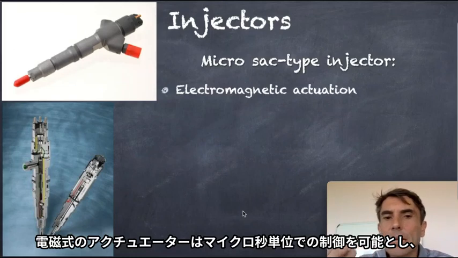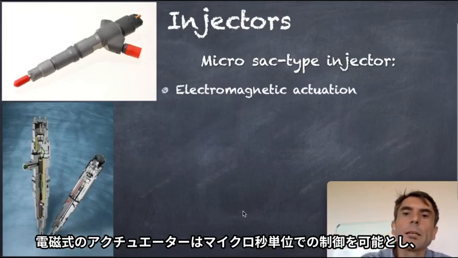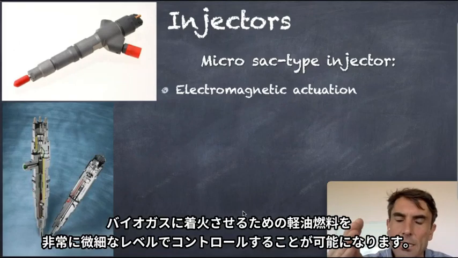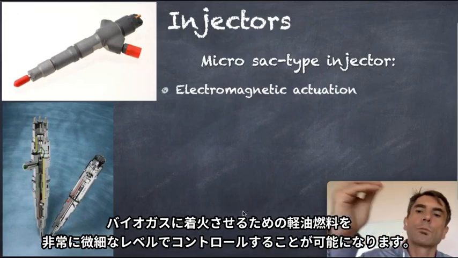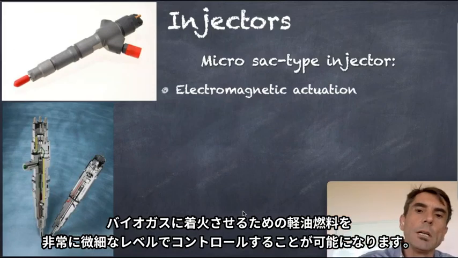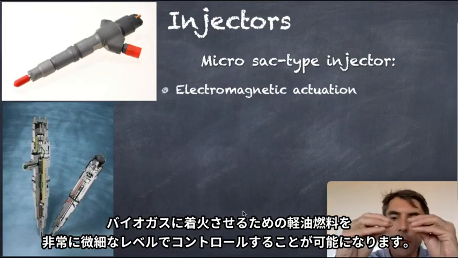The injectors are electric magnetically actuated valves, which means we can control to the microsecond exactly when we open the injectors to spray the pilot fuel or light oil into the combustion chamber to ignite the biogas.